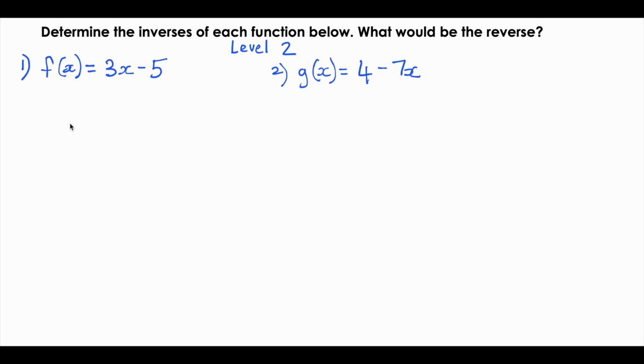What we're going to do first is let y equal 3x minus 5. Now guys, this is similar to what we were doing earlier. It's just that instead of just having x minus 5, we now have 3x minus 5. So what do you think we need to get rid of first?